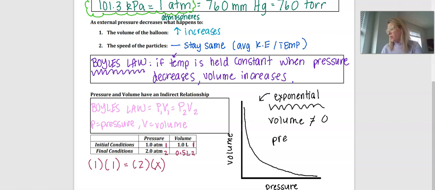And pressure will never equal 0. So we will approach those limits of 0, but we're never going to actually reach them. And so we end up with this, okay, exponential relationship, okay? And that, my friends, is Boyle's Law. This is the law, again, that investigates the relationship between pressure and volume of gas particles, okay, as long as temperature is held constant.